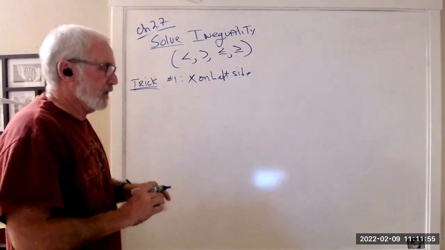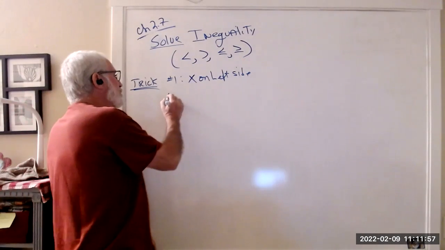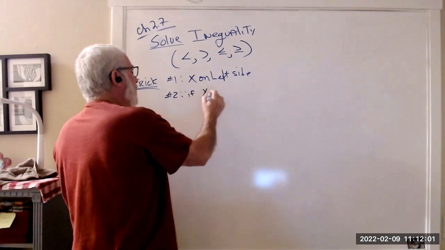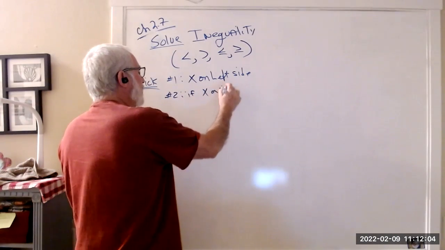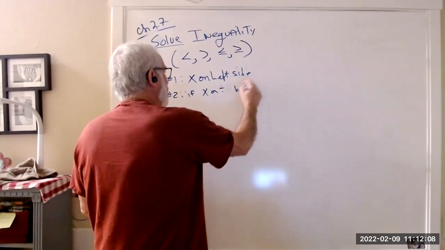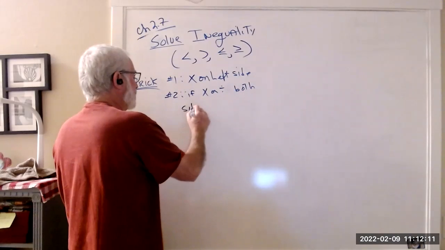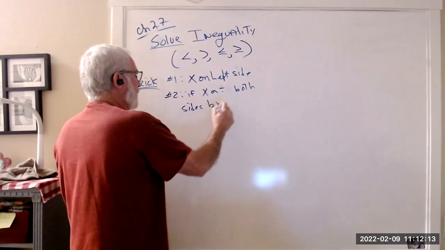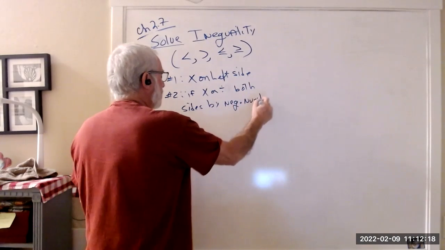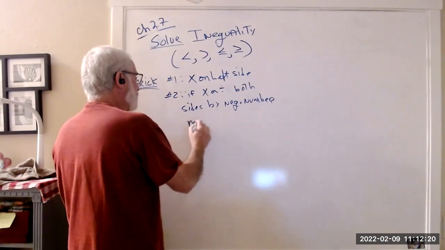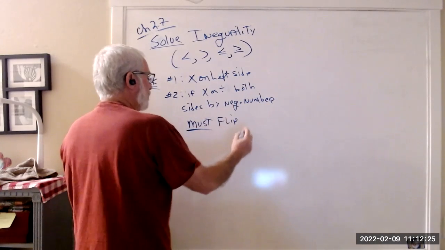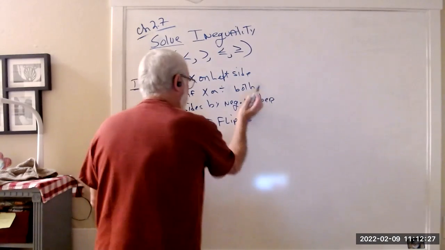I'll explain that in a little bit. And number 2, if you multiply or divide both sides by a negative number, you must flip the symbol, the inequality symbol.